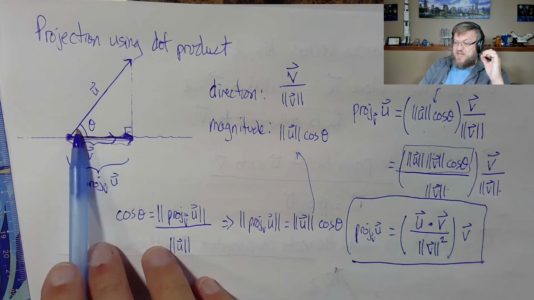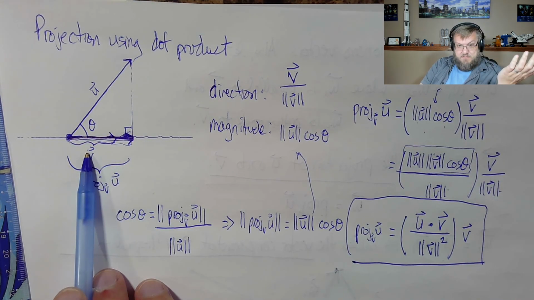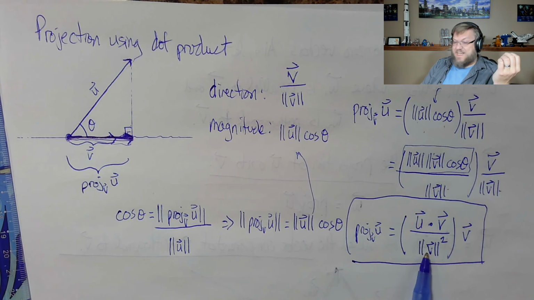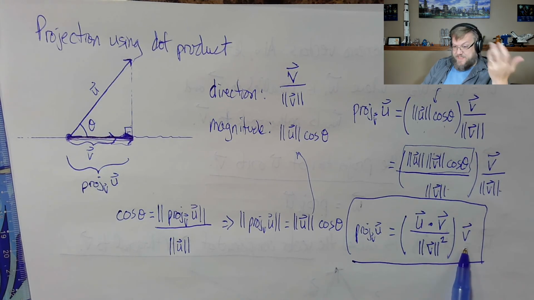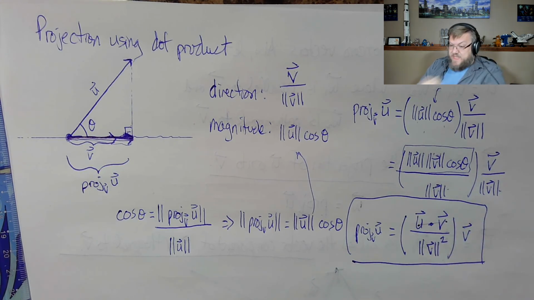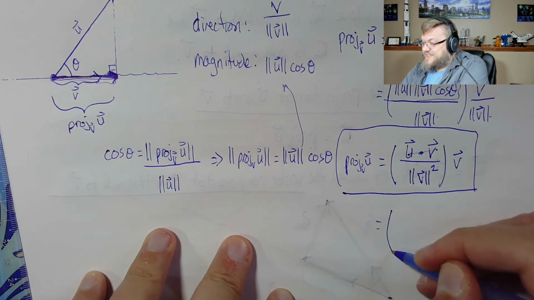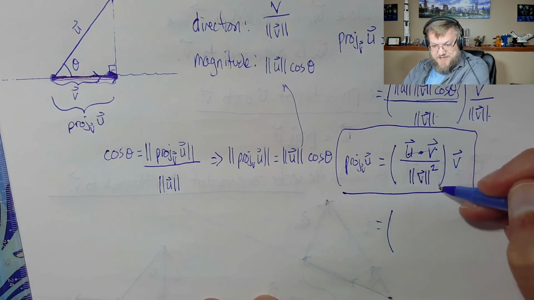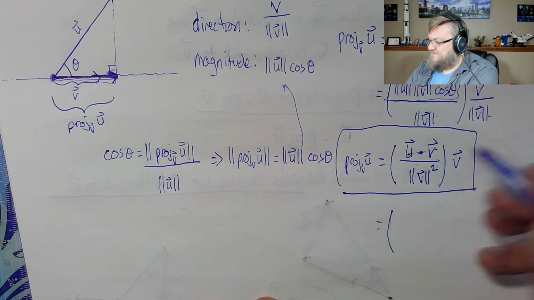You know that the projection by definition is parallel to v, and so therefore it's got to be a scalar multiple of v. What is that scalar multiple of v? It happens to be u dot v divided by the magnitude of v squared. There's yet another way that we can do this, and this will tie in another result we had earlier. What is the magnitude of v squared?